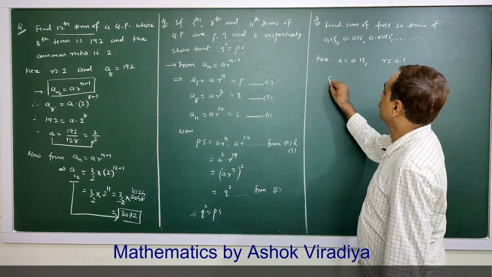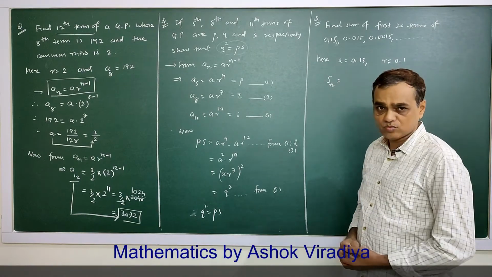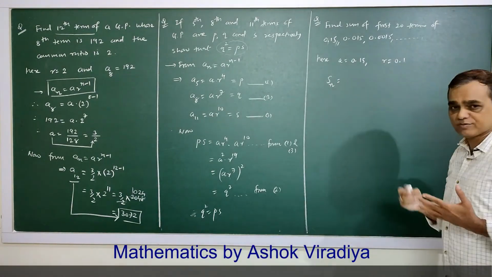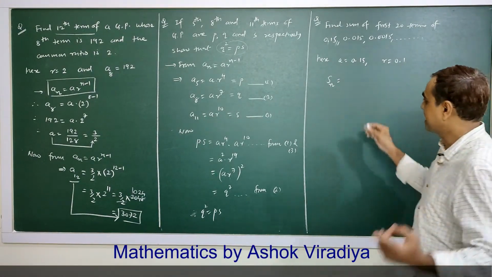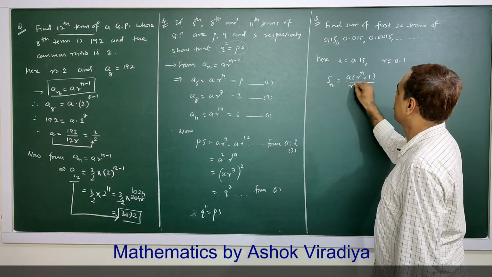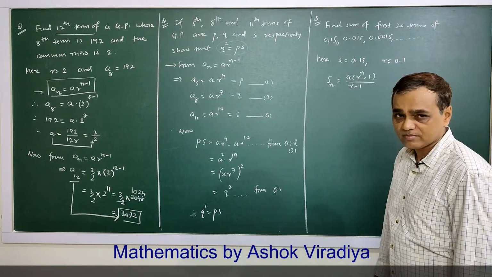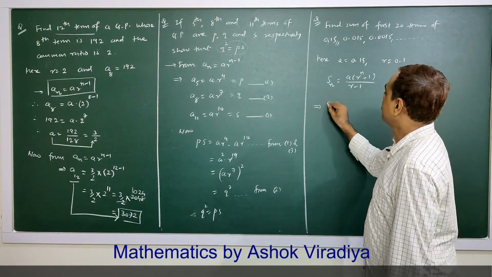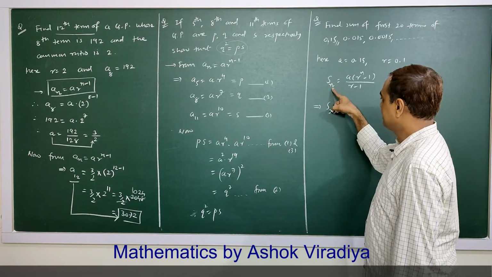Now from Sn, the sum of the first n terms, the formula is A into R raised to n minus 1 upon R minus 1. Now I am putting n as 20.